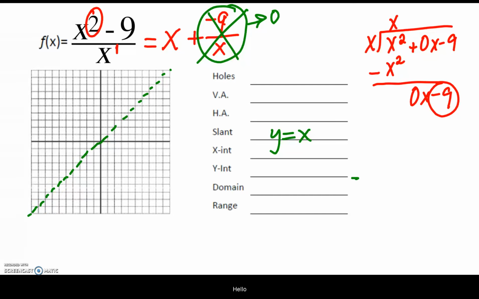There are some other things that we can look at on this graph. Remember, holes are where the numerator and denominator have common factors, which is not occurring here, so we're not going to have any holes. Vertical asymptote, that's where the denominator is equal to 0, so that's going to be at x equals 0. Let's go ahead and draw that in.